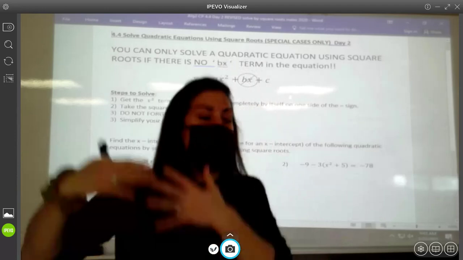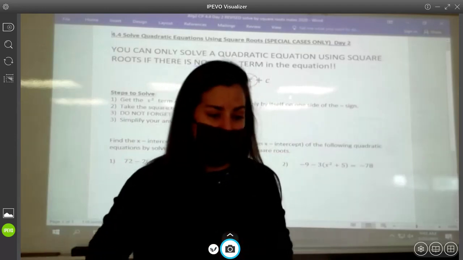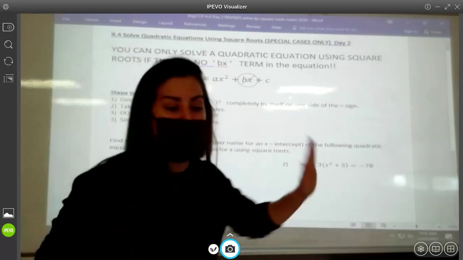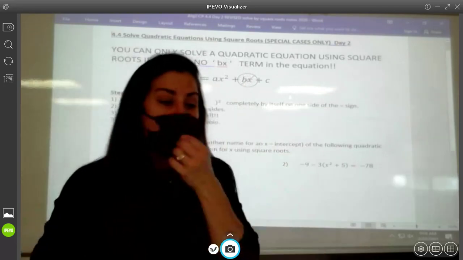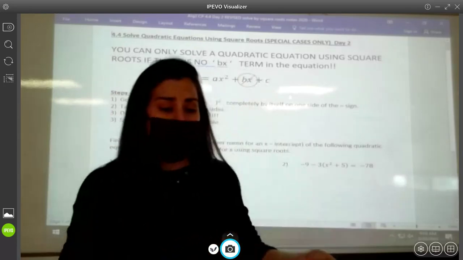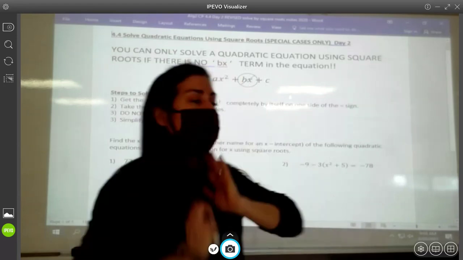So we still need another method. And the last method we learned is the quadratic formula, all right? But I wanted to give you guys one more day with these square roots before we go on to the quadratic formula. Once we learn the quadratic formula, then we're going to take a quiz on solving quadratics using any of these methods, okay? All right, here we go.